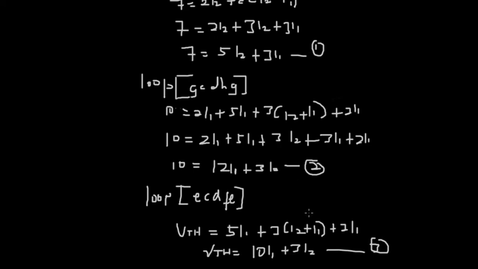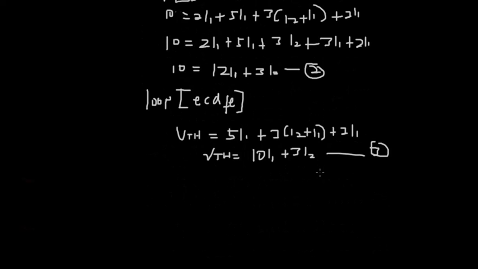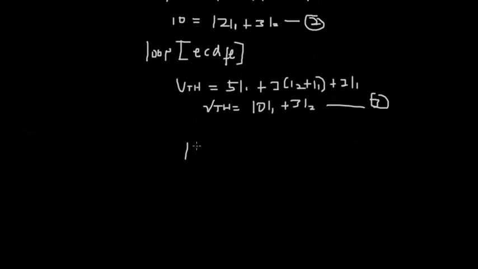Now, from here we could notice that equations 1 and 2 are similar, so you can find their I2 and I1. So let's solve equations 1 and 2 simultaneously. We have 10 equals 12 I1 plus 3 I2, that's our equation 2.